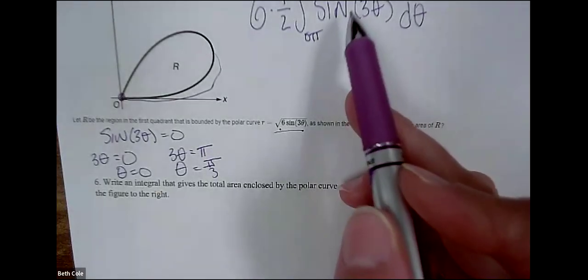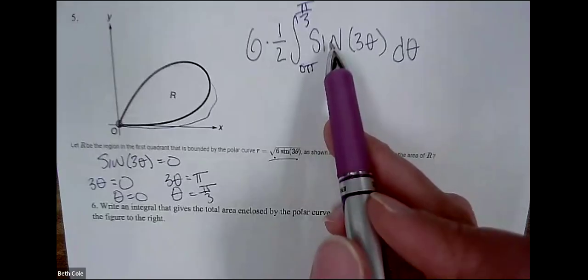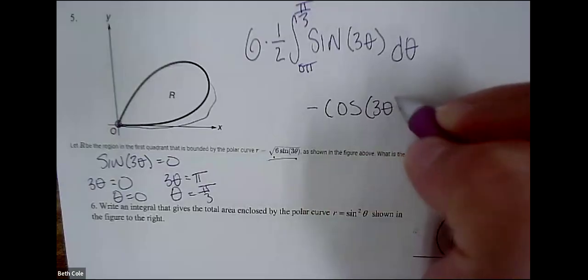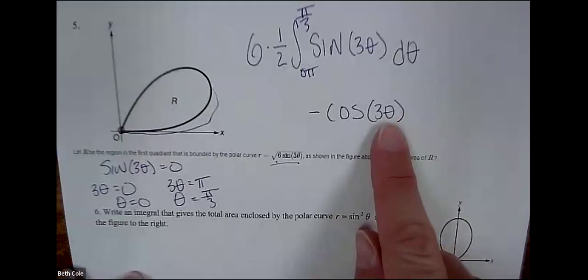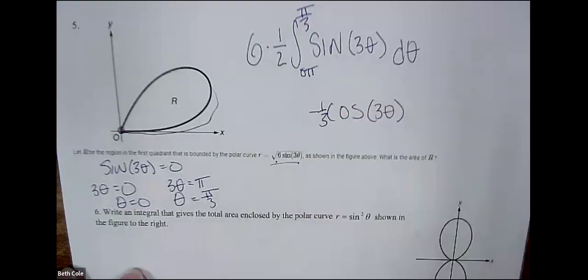Antiderivative of sine. You need to come up with a function that if you did the derivative, you would get sine. Perfect. Negative cosine of 3 theta. There was a u substitution in there, but we're not going to write out u equals this and the whole blah, blah, blah. If there's a 3 in there, out front, you simply put a 1/3.